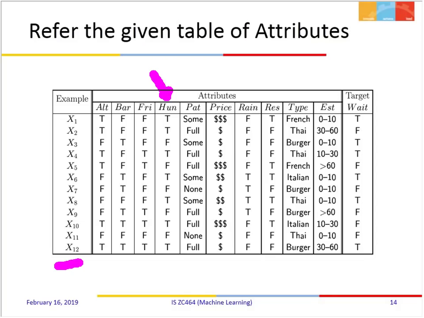You can see when the person was hungry, and how many times target wait is true. Can you calculate how many times the value V1 for hungry, V1 is yes, hungry, right? True, I must write true.